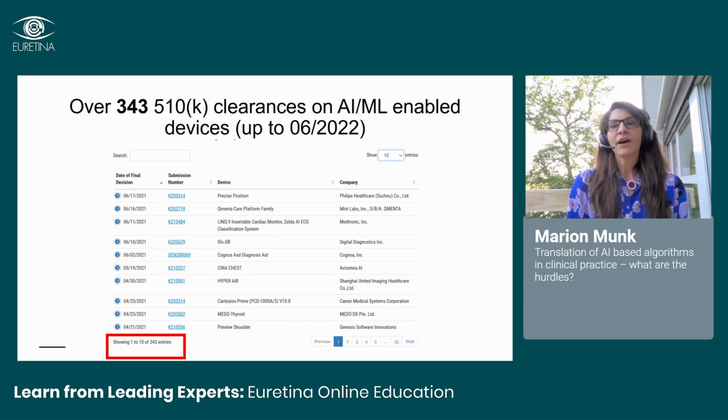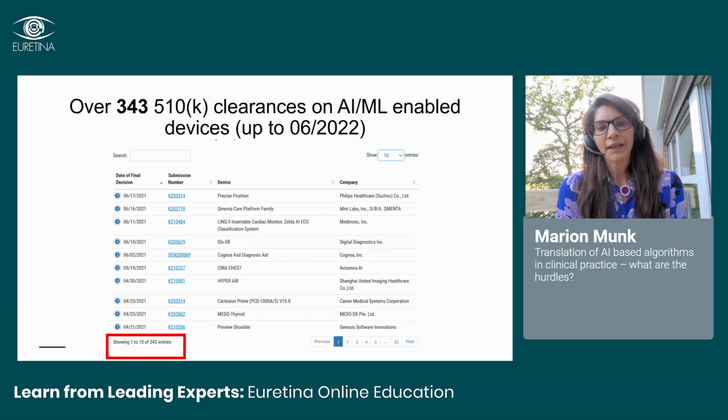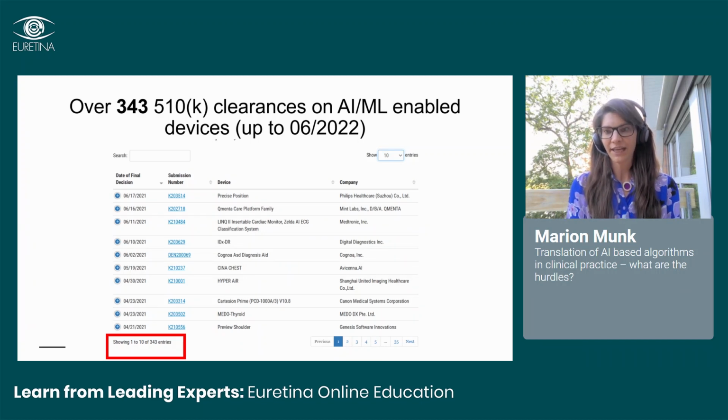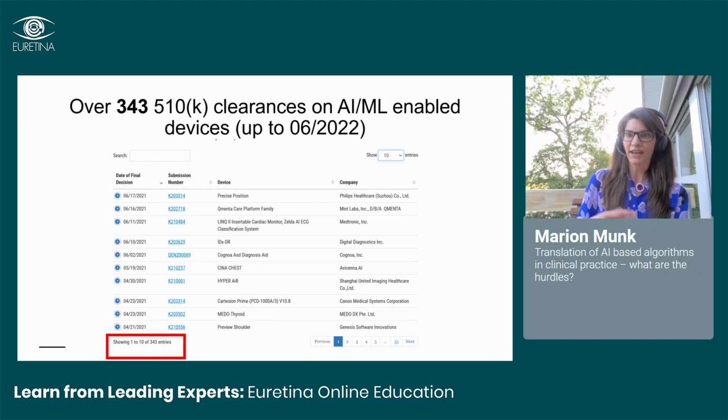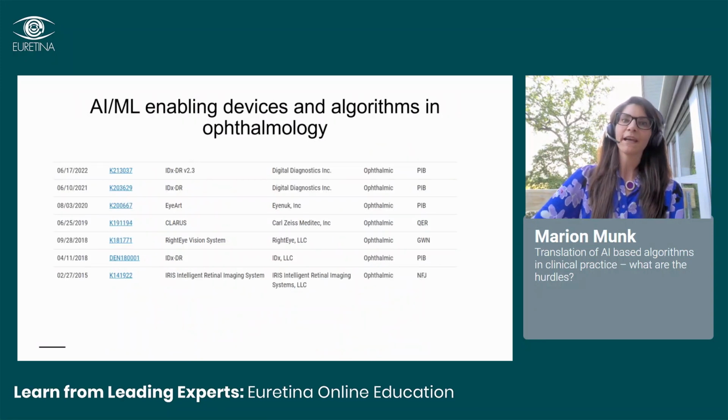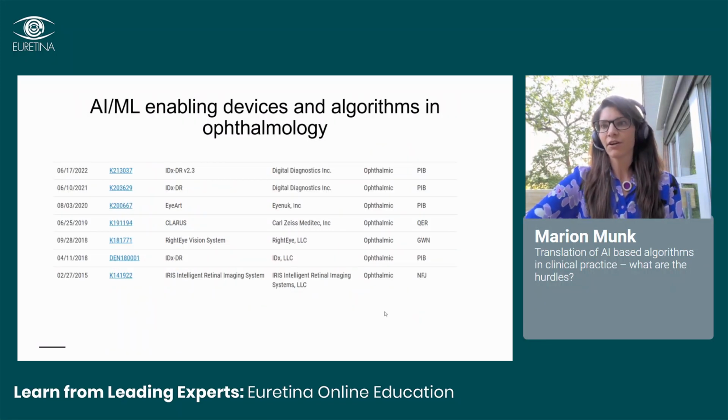When we look at FDA clearance, meaning algorithms or machine learning and AI-enabled devices which were cleared by the FDA so that they can be used in clinics in the USA, you see there is a quite large number of these devices and algorithms already approved and cleared. Also in the ophthalmology space, there are several algorithms available nowadays that are cleared.